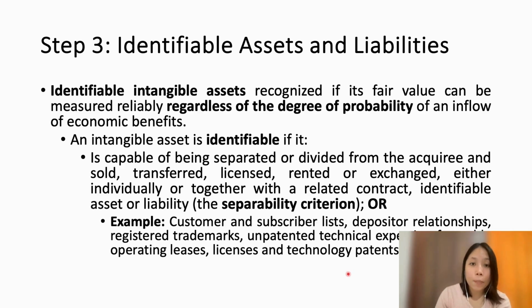However, under business combinations, we can already recognize these as assets because they are identifiable. Hence, there are intangible assets that we can already recognize under business combinations that we do not normally recognize under normal accounting or outside business combinations.